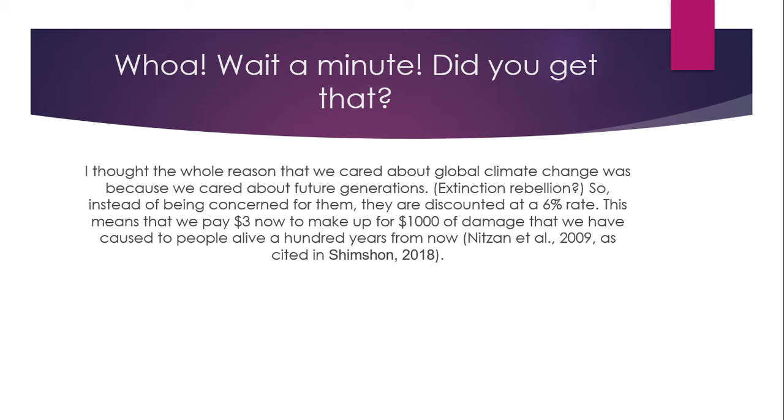So if we create $1,000 of damage now, we only need to pay back society $3, for one reason: because it's in the future. That's what he's saying. So basically, if there's $1,000 of damage that we do now, it only costs $3, and there's really nothing to worry about. And that's key to what he convinced the world of.